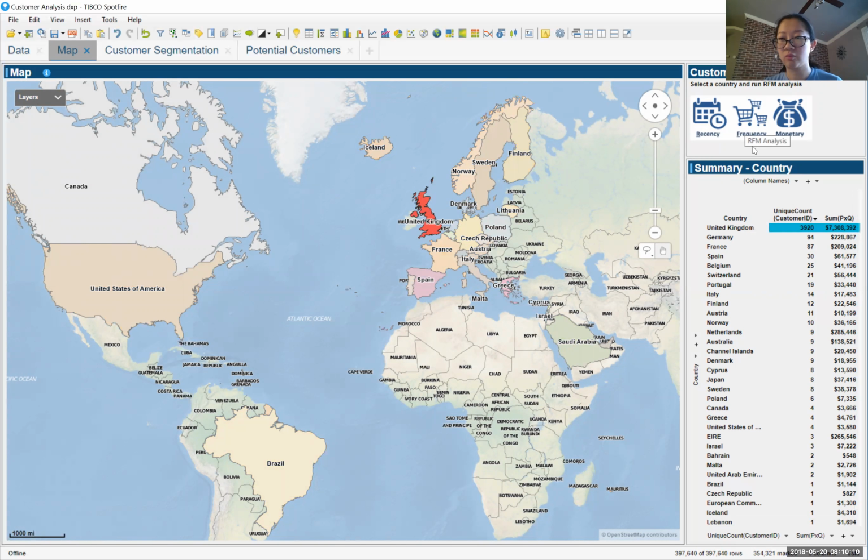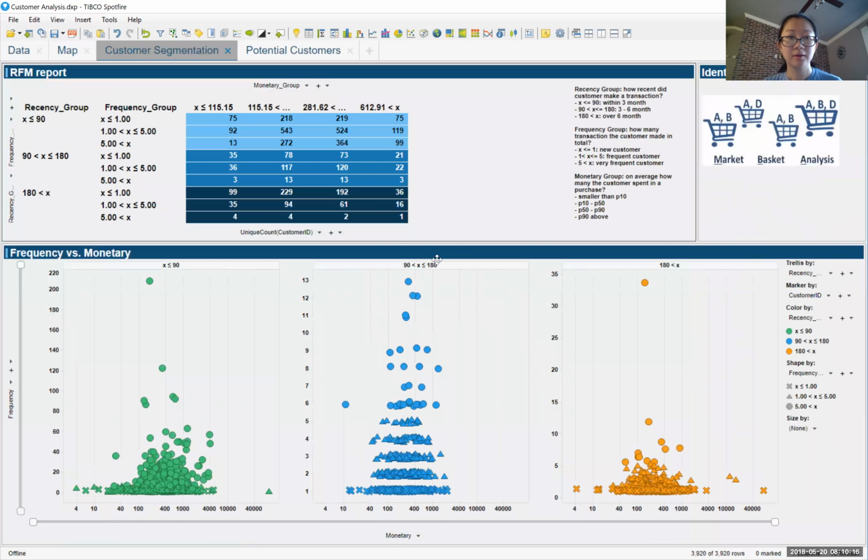Now I'm going to run the customer segmentation using the RFM method. A little bit of refreshing on what RFM is: it's a customer segmentation method based on the recency, frequency, and monetary value of customers. Recency is how fresh the customer's very last transaction with you was.